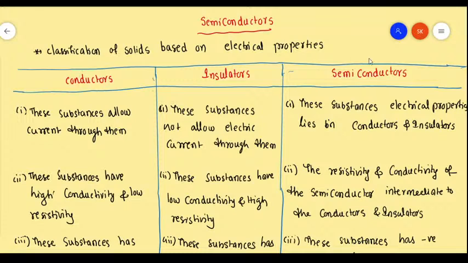For example, this is a nucleus and this is an atom, and if an electron is revolving here like this, and the electron is inside the atom, at that moment that electron is bound by the nucleus.